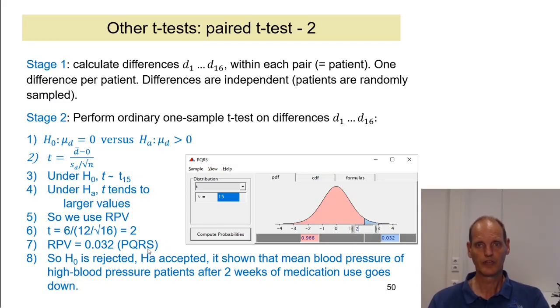The right-tailed p-value in PQRS is 0.032. T distribution, 15 degrees of freedom. Outcome is 2. Then the RPV is 0.032. So the null hypothesis is rejected. HA is accepted. It is shown that the mean blood pressure of high blood pressure patients after 2 weeks of medication use goes down.